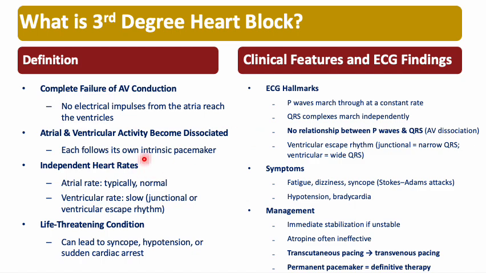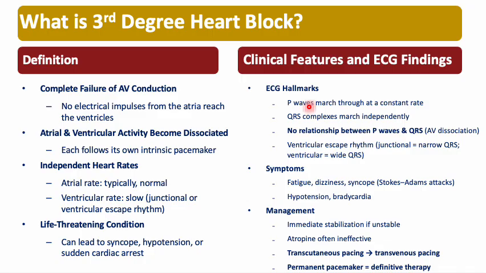Each follows its own intrinsic pacemaker. There are independent heart rates, so the atrial rate is typically normal, while the ventricular rate is usually slow or a junctional rhythm. This is life-threatening, can lead to syncope, hypotension, and sudden cardiac arrest.